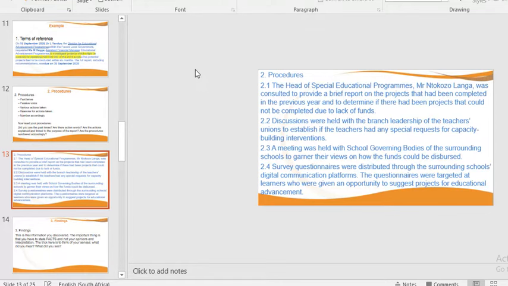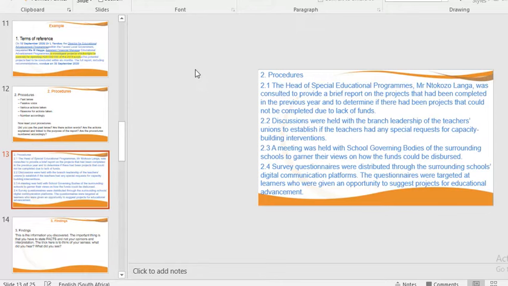2.2. Discussions were held with the branch leadership of the teachers' unions to establish if the teachers had any special requests for capacity building interventions. 2.3. A meeting was held with school governing bodies of the surrounding schools to garner their views on how the funds could be dispersed. 2.4.